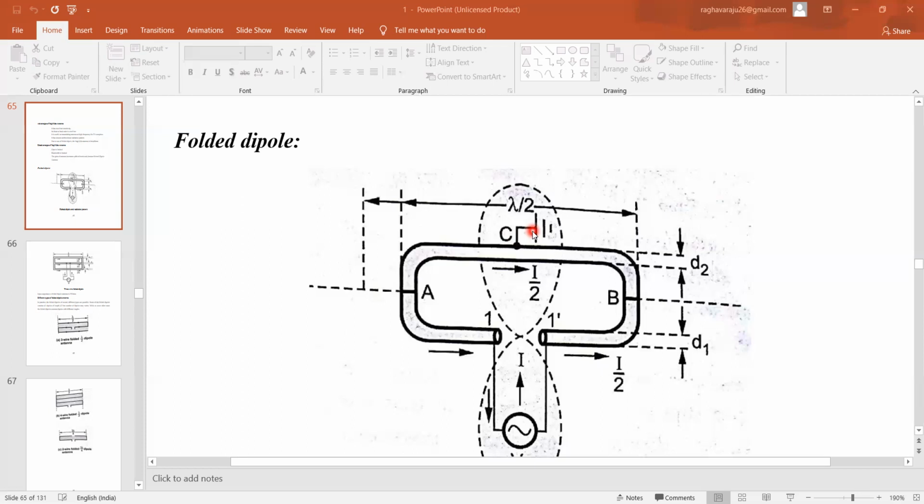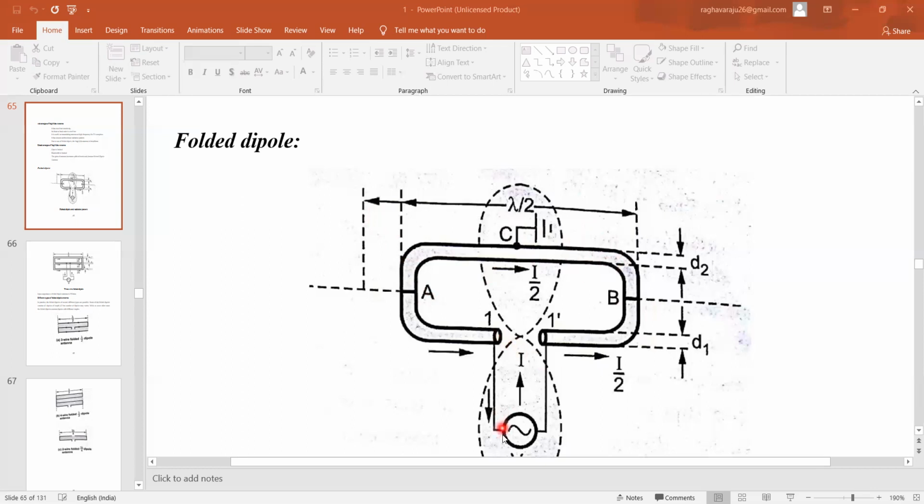So A, B are the virtual ground connection and C is the opposite end. A and B, their cross-section dimensions are located center to center lambda by 2. D1 and D2 are the diameters of the folded dipole.